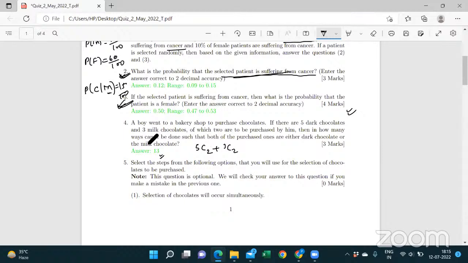Okay. So what is the question? A boy went to a bakery shop to purchase chocolates. There are 5 dark chocolates and 3 milk chocolates, of which 2 are to be purchased by him.